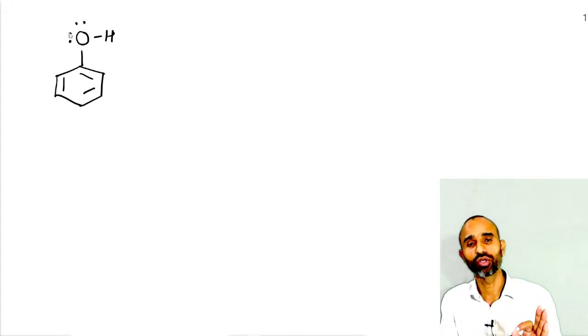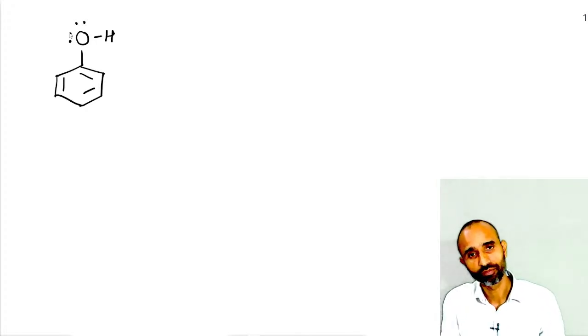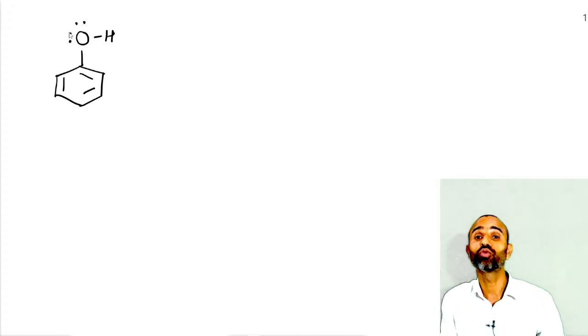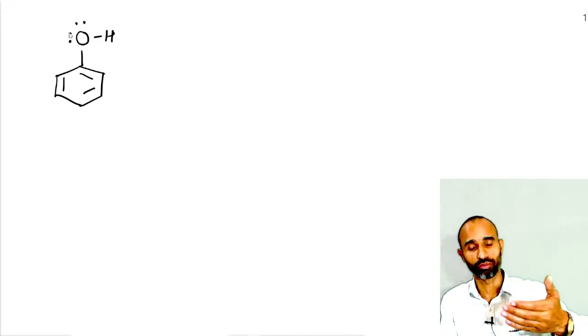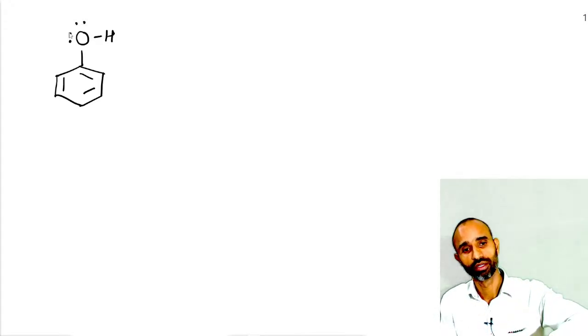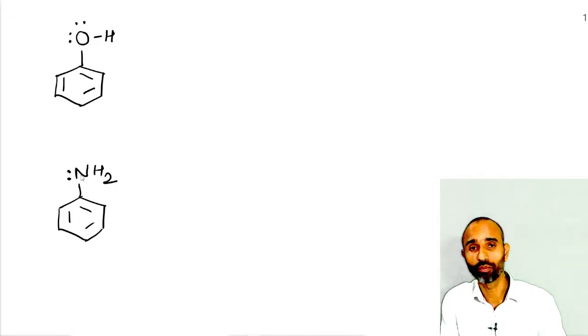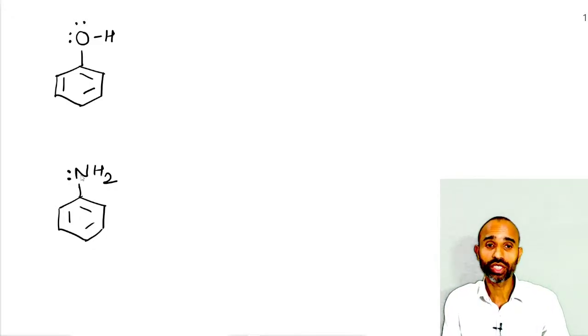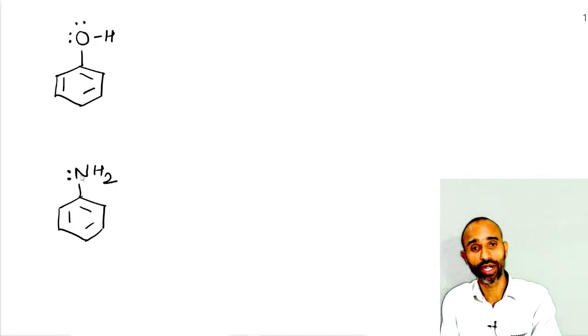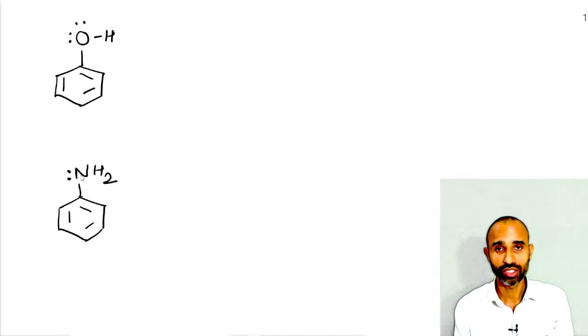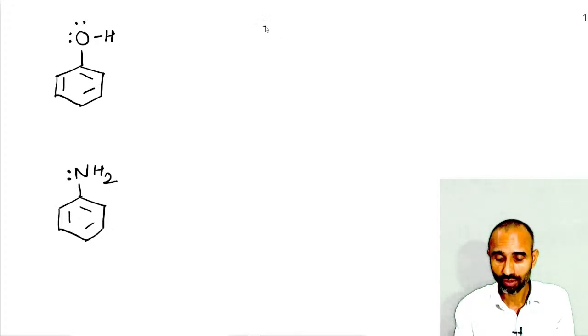It doesn't mean that if two lone pairs are there then it has more plus resonance effect. Like if we have an OH group or NH2 group, NH2 has only one lone pair, OH has two lone pairs, but in conjugation only one lone pair is required. So this is very, very important.